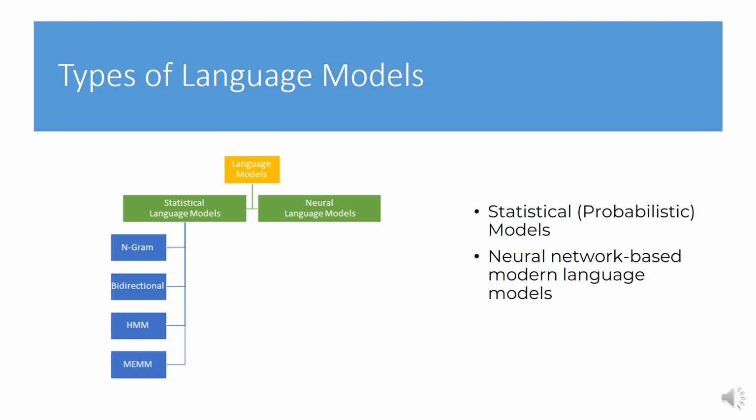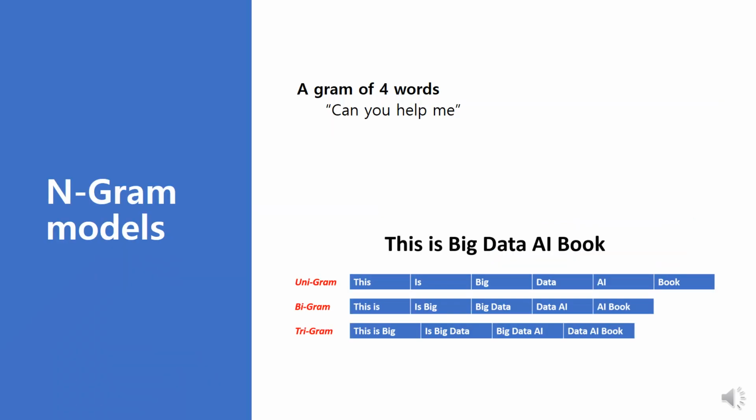Some of the popular statistical models are the N-gram Model, Bidirectional Model, Exponential Model, and Continuous Space Models. So let's talk about the N-gram Model.